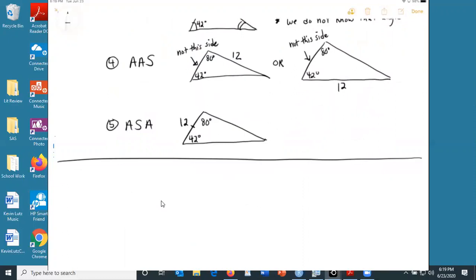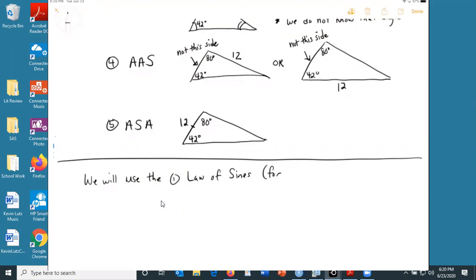All right, so just to summarize, number 1, we will use the law of sines for 3 of the above situations.